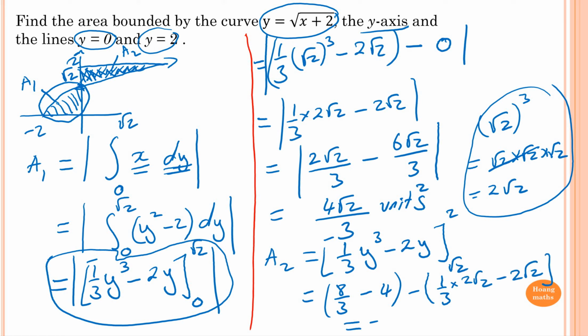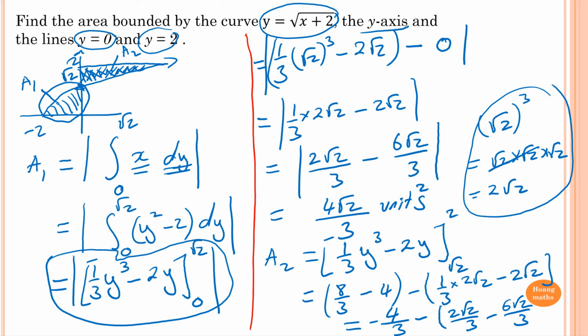So this one gives minus 4 over 3, and minus inside the bracket, root 2 over 3 minus 2 root 2, with common denominator 3, so 6 root 2 over 3.